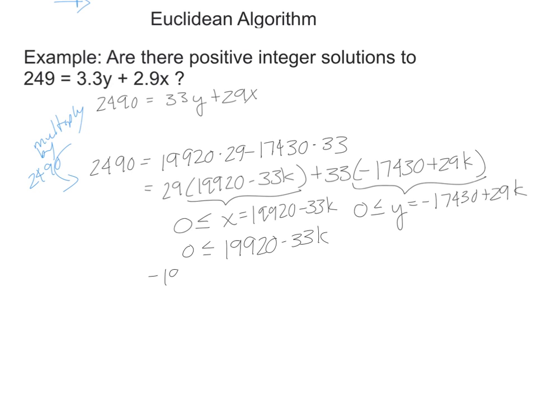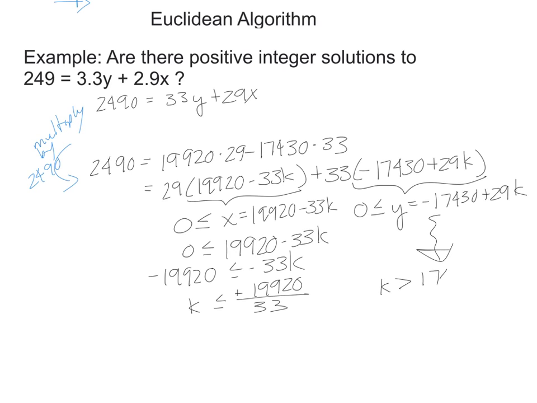So then this becomes negative over here, which means k is less than or equal to 19920 over 33. Similarly, if I look at y, that will give me the restriction that k is greater than 17430 divided by 29. Actually, that's greater than or equal.